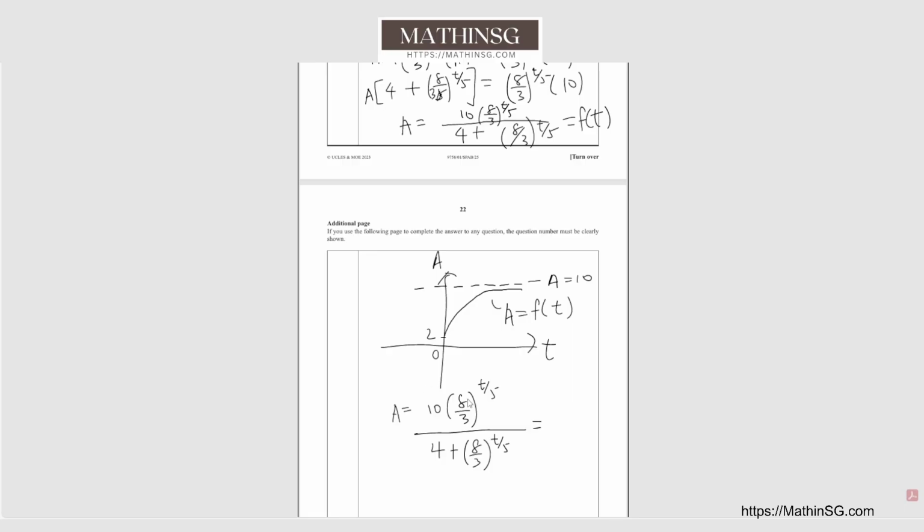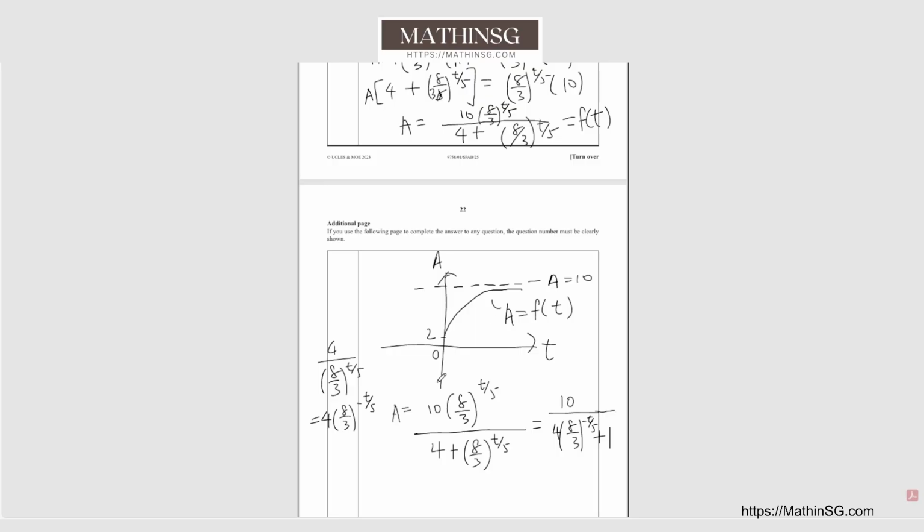So this divided by it, I get 10. This one, 4 divided by (8/3) to the power of t over 5, I will get 4 times (8/3) to the power of negative t over 5. Then this one divided, I'll get 1.